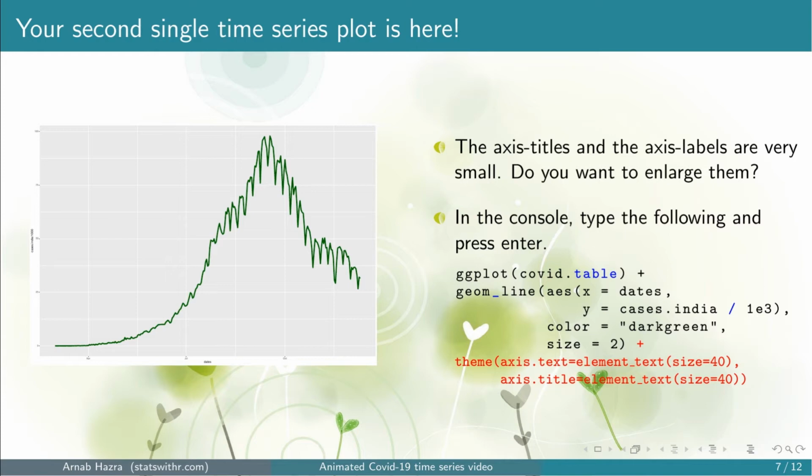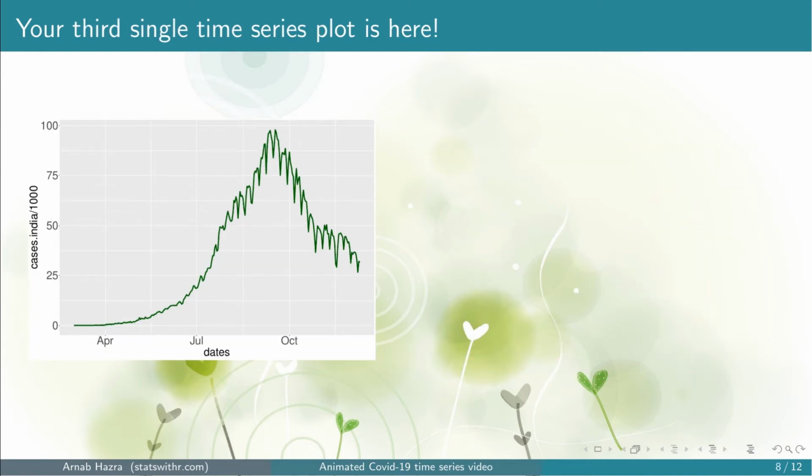If you want some different font size, choose accordingly. Now press enter. Okay, you get your third single time series plot. You can see that the font size of the axis and the axis title are much larger now.